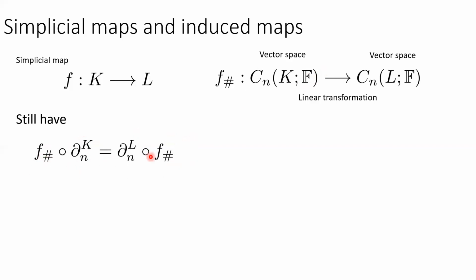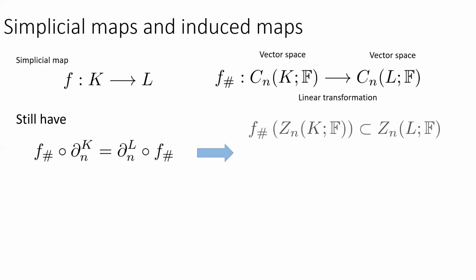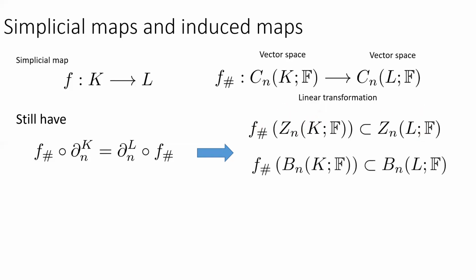We still have this relation, and what it implies is that cycles in K are taken by F sharp to cycles in L. If you apply F sharp to them, you're going to get cycles in L. And similarly, if you take boundaries in K, you're going to get boundaries in L. So both of these facts come out of this simple formula.